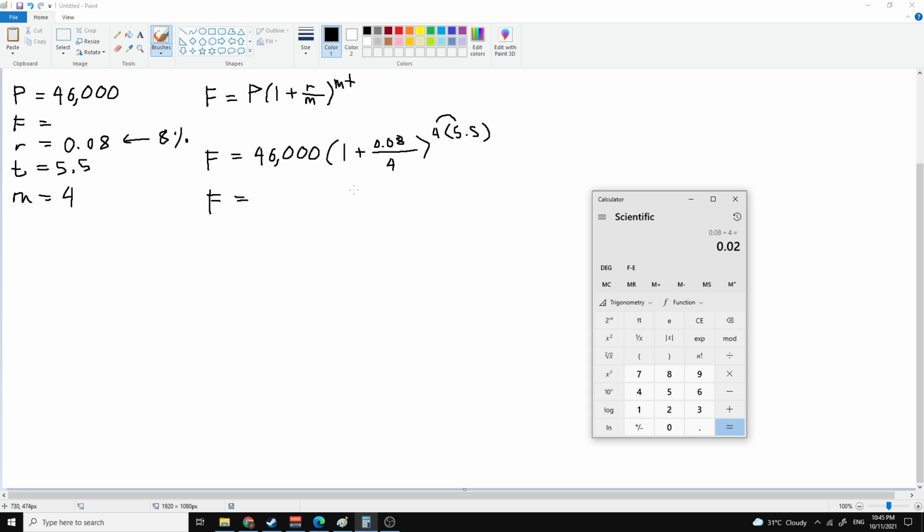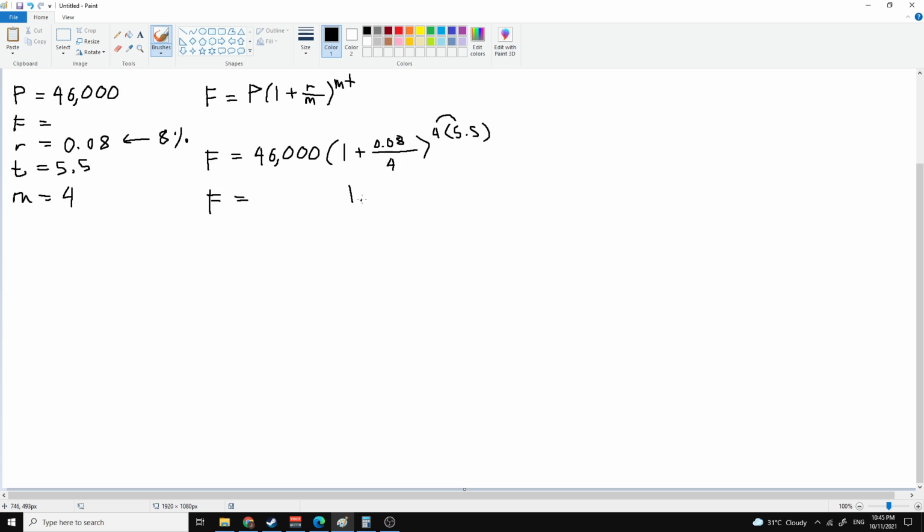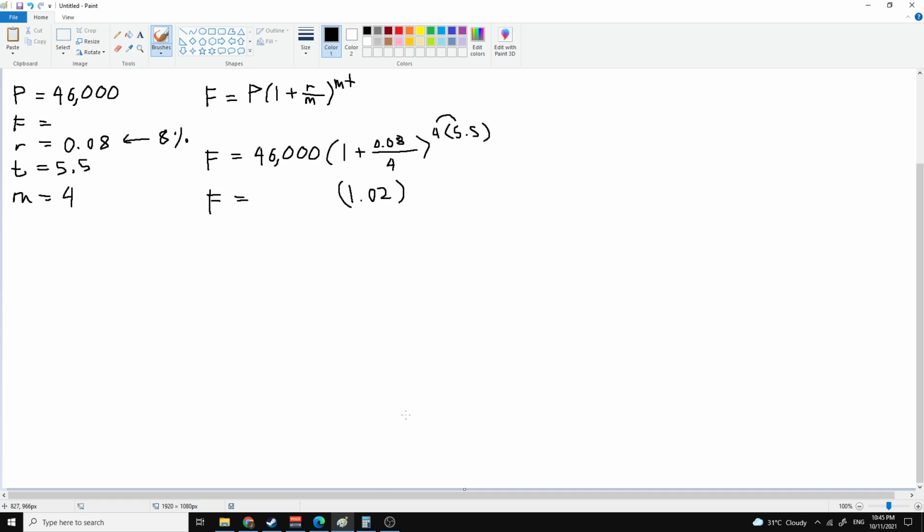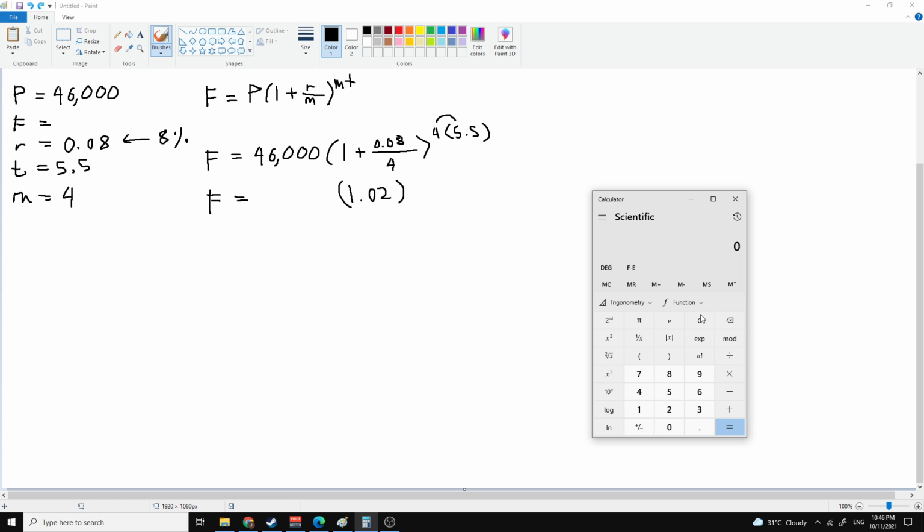So 1.02, that's going to be there. Okay, so we're just solving within the parentheses, and now what is 4 times 5.5?